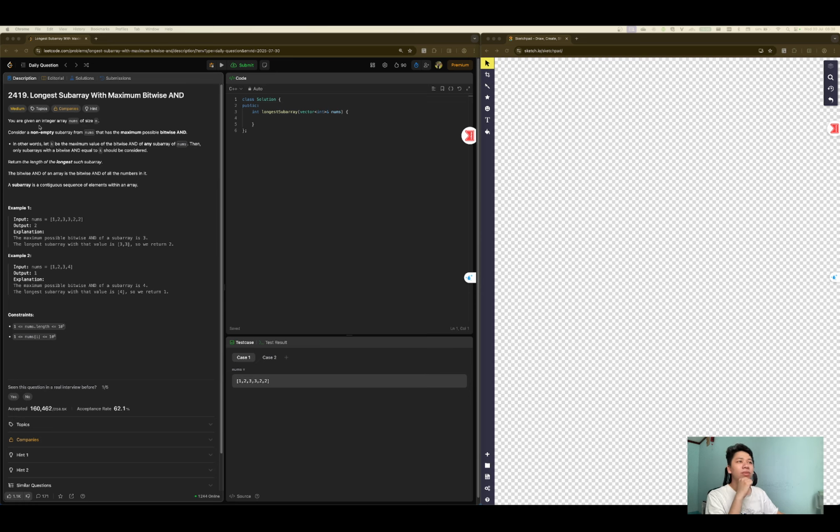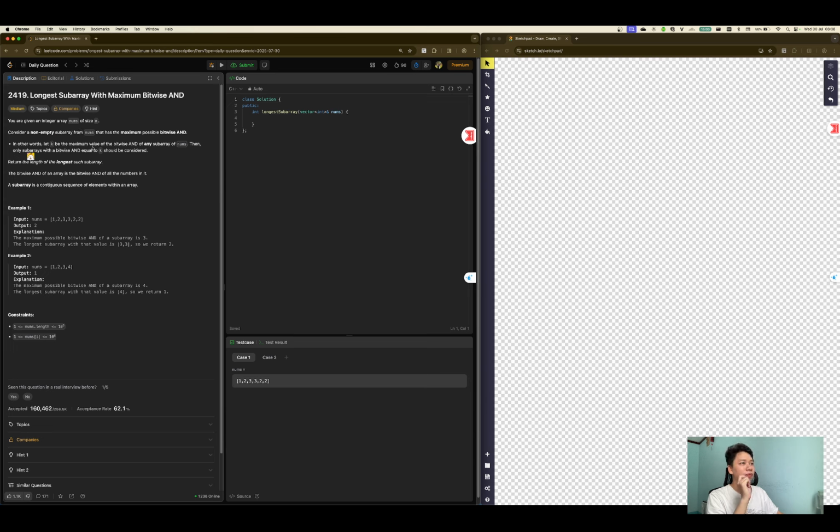Reading the statement, with the title I could imagine the whole problem statement, but let me read it for sure. You're given an integer array nums. Consider a non-empty subarray from nums that has the maximum possible bitwise AND. Subarray means continuous.